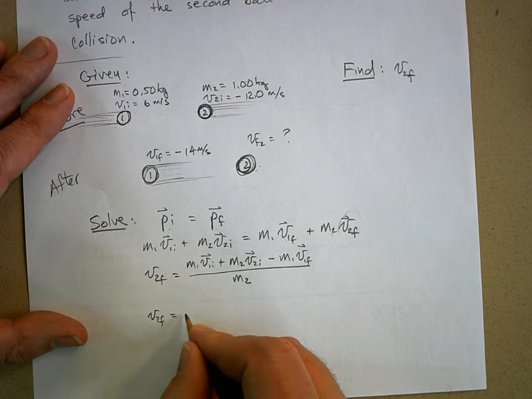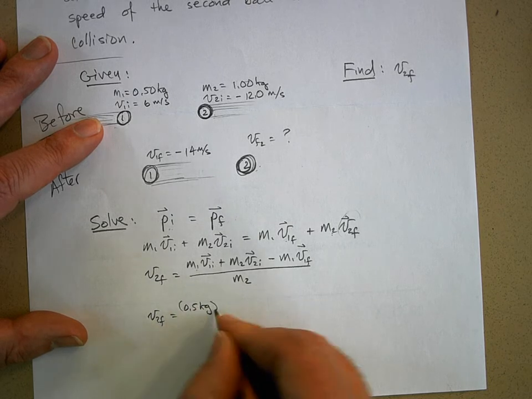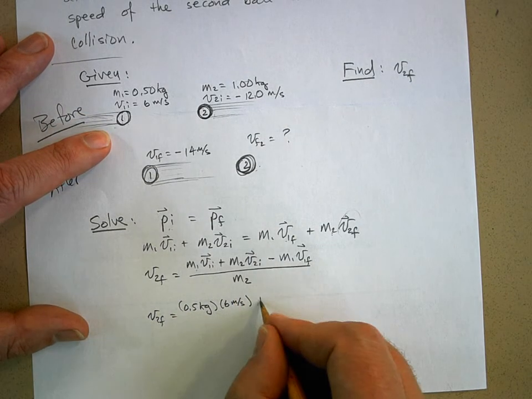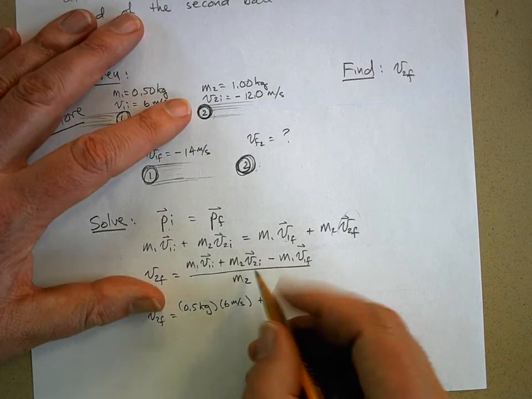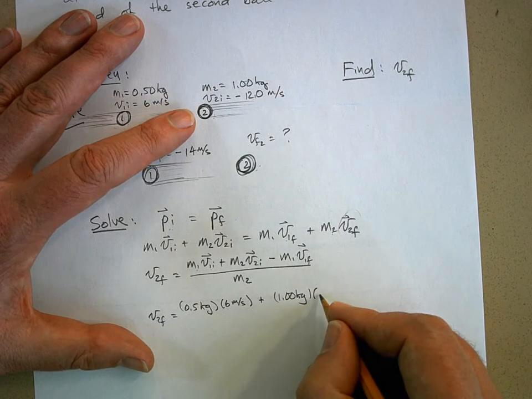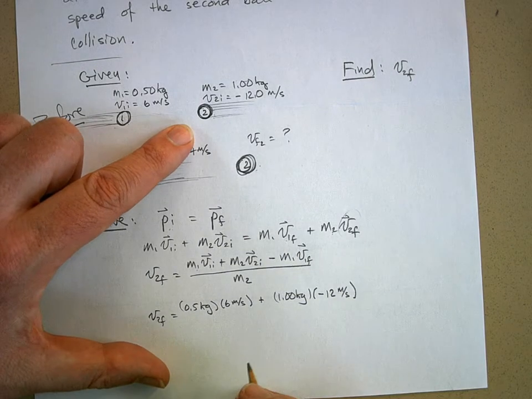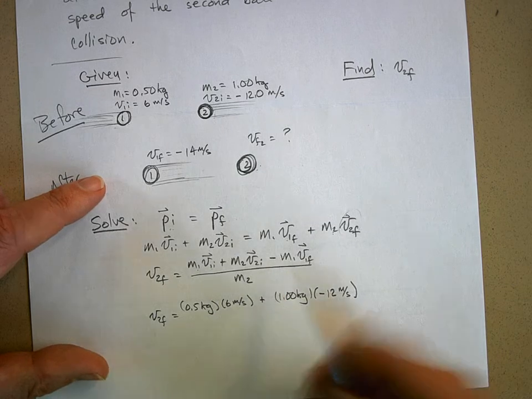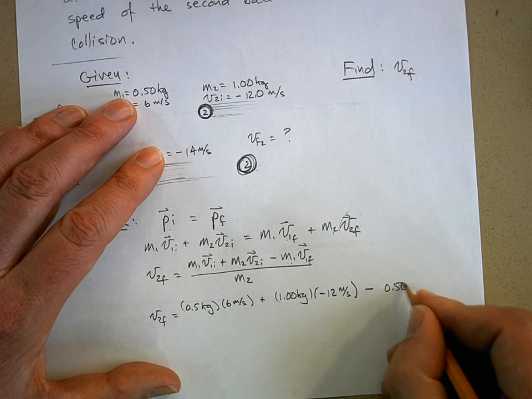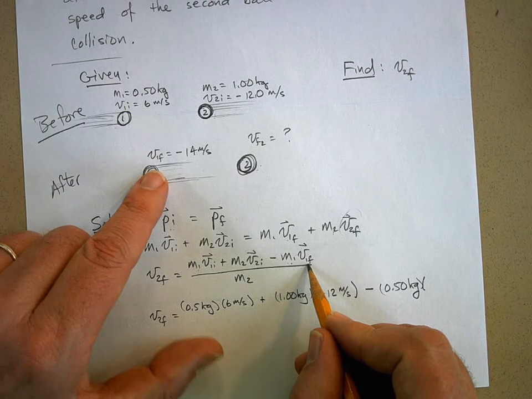V2 final is equal to M1, which is 0.5 kilograms, times V1 initial, positive 6 meters per second, plus M2, which is 1 kilogram, times V2, negative 12 meters per second, and then minus M1, which is 0.5 kilograms, times V1 final.